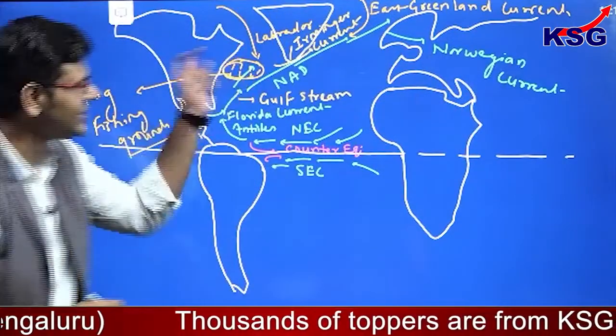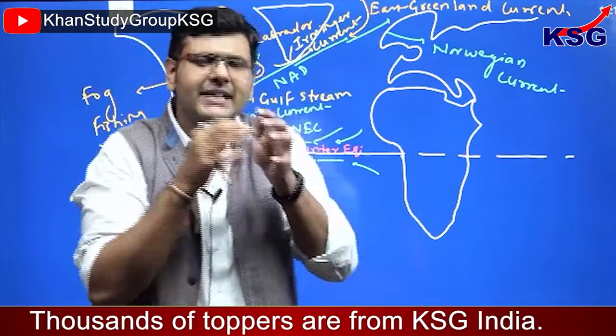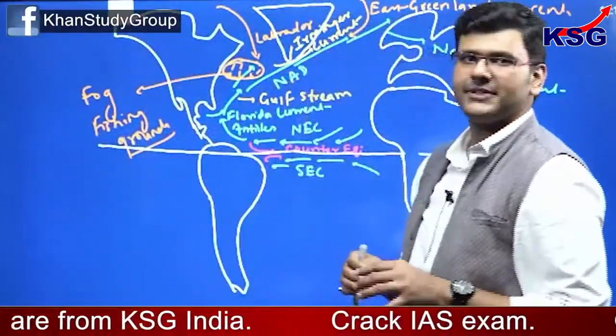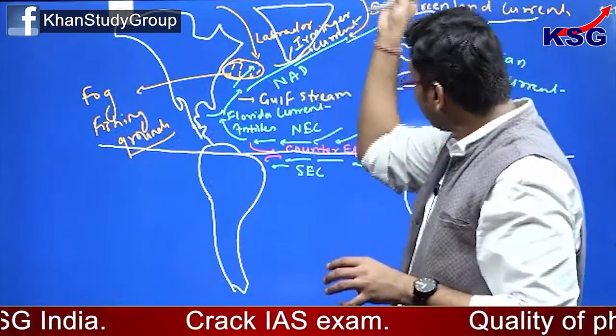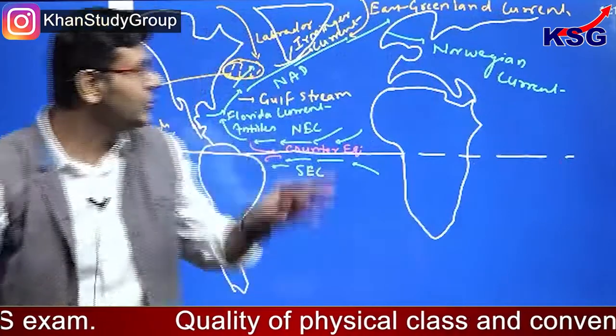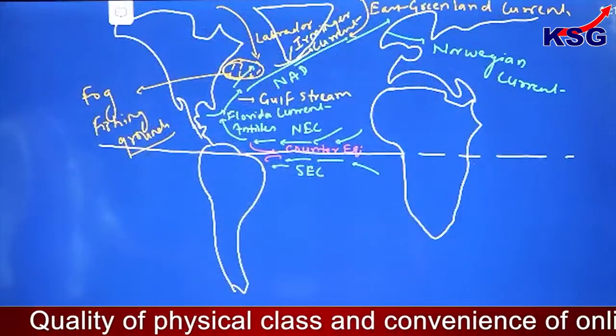So it is very confusing. The Irminger current is a warm current, a branch of the North Atlantic Drift. The East Greenland current is a cold current as it is coming from the polar areas, moving towards the equator.